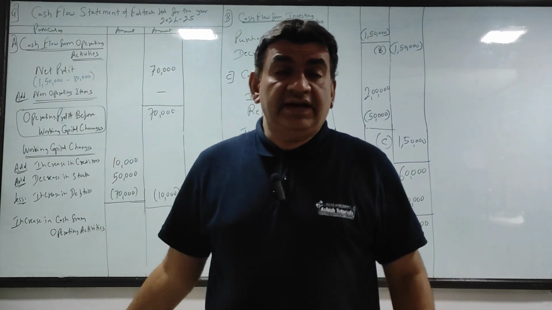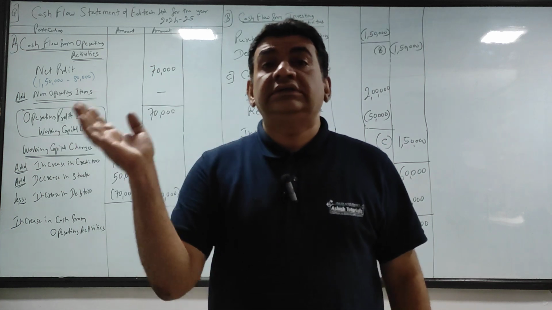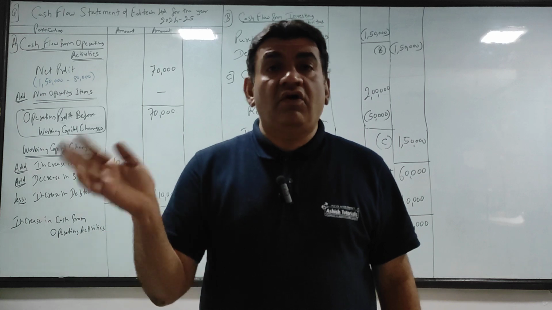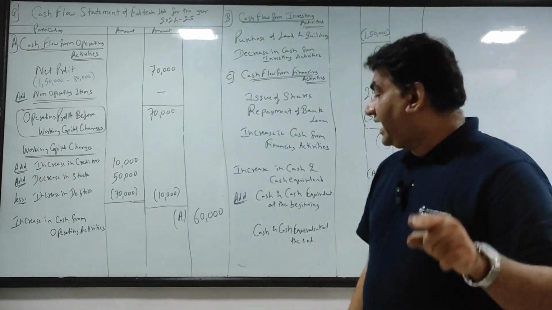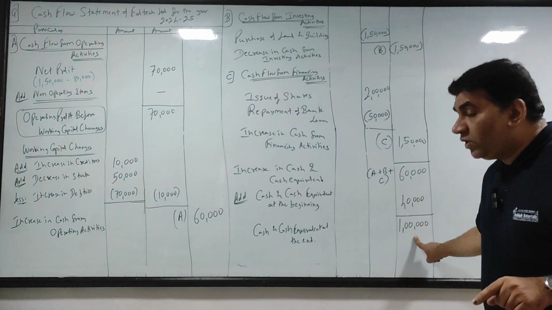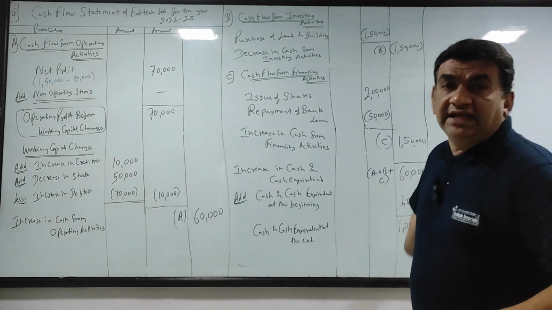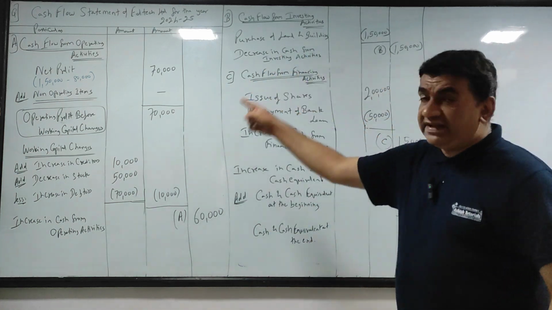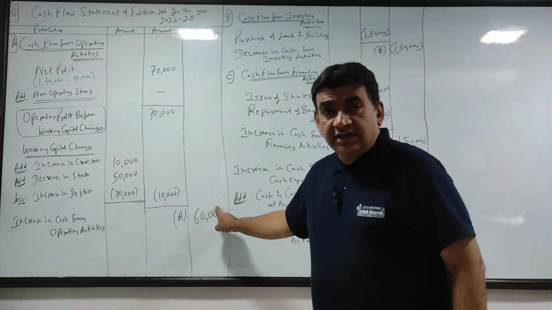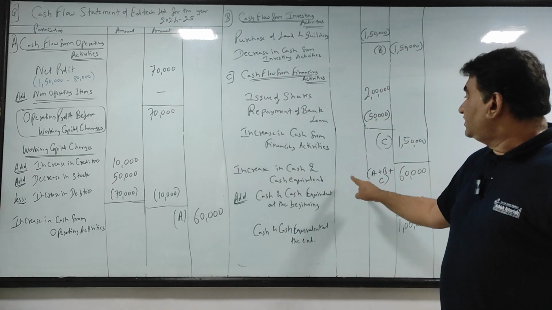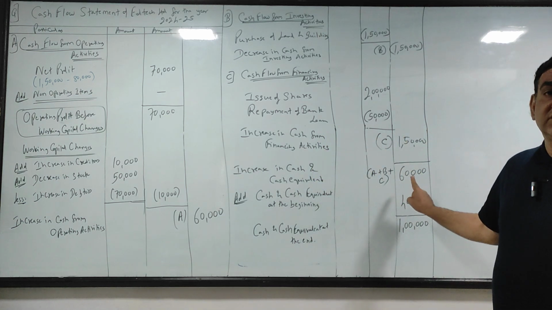You have to make a statement where the motive is to show how the cash generated or the cash lost has taken place. In this case, last year's cash balance was 40, current year it became 1 lakh. It increased by 60, so how did this 60 increase, this is its detail, this is its calculation. This is the way 60 has increased. How? 60 increased from operating activities, 150 decreased in investing activities, 150 increased in financing, net increase of 60.